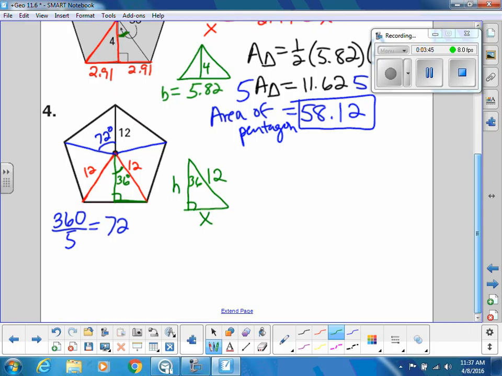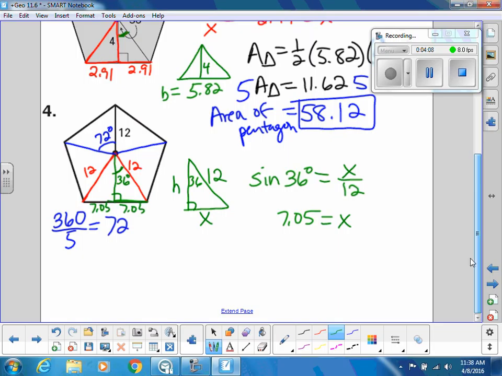All right, so x is opposite of the 36, and 12 is the hypotenuse. So that's sine. Sine of 36 is equal to x over 12. If I multiply both sides by 12, that gives me 7.05. So this is 7.05, and that's 7.05.